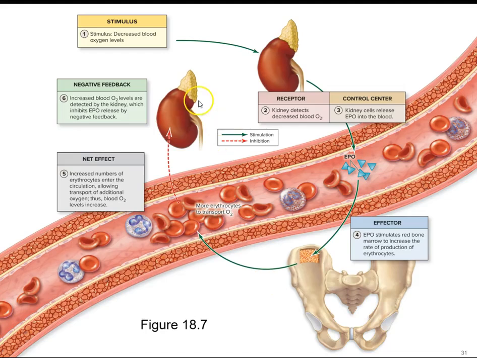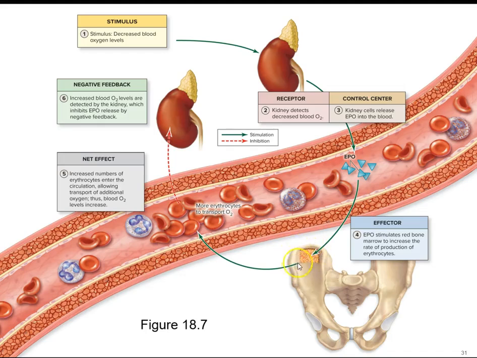And here it is laid out in a graphic for you. So you're going to have the stimulus, remember, is going to be decreased blood oxygen levels. The receptor is in the kidney, and the control center is in the kidney, and so the receptor detects that decreased blood oxygen, and those specialized cells in the kidney release EPO into the bloodstream. EPO is going to travel through the bloodstream until it gets to the bone marrow, where it's going to act on the myeloid stem cells.